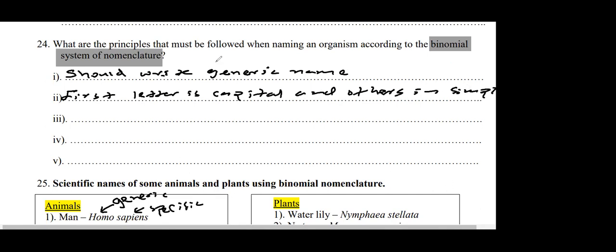Example, when you write Homo sapiens, only H is capital. Homo, H capital; sapiens, S simple.